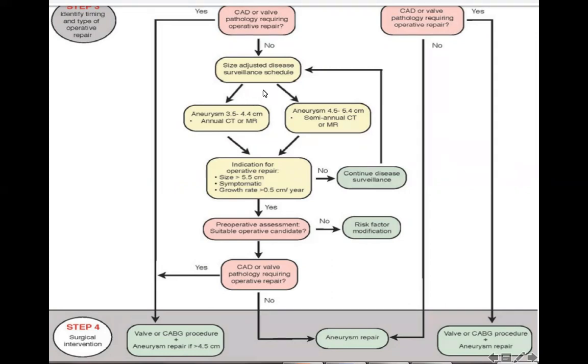If no, we will do size-adjusted disease surveillance to see if the aneurysm reaches up to 4.4, annually by CT or MRI, and to see the previous indications for urgent surgery. If yes, we will do the same preoperative assessment for coronary artery disease and valvular pathology, and we will manage accordingly.